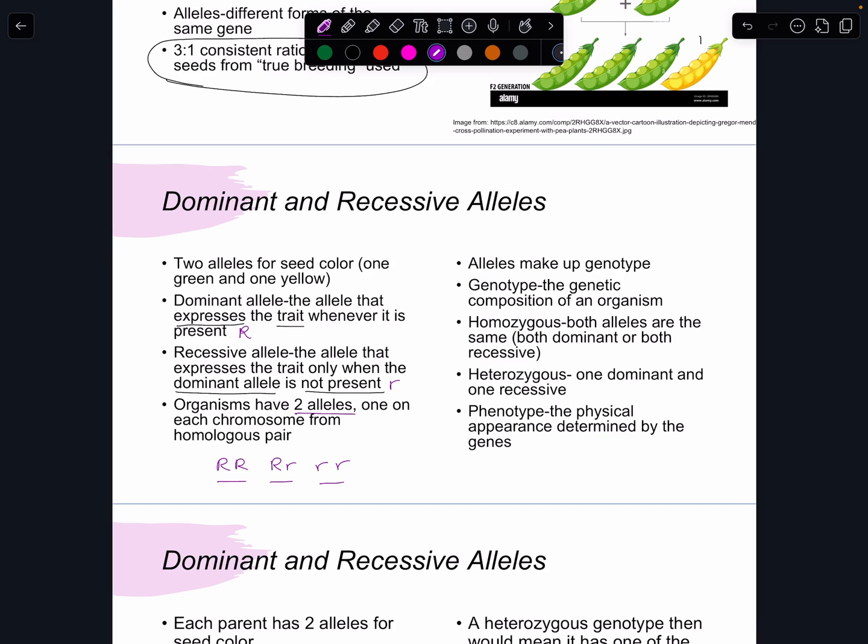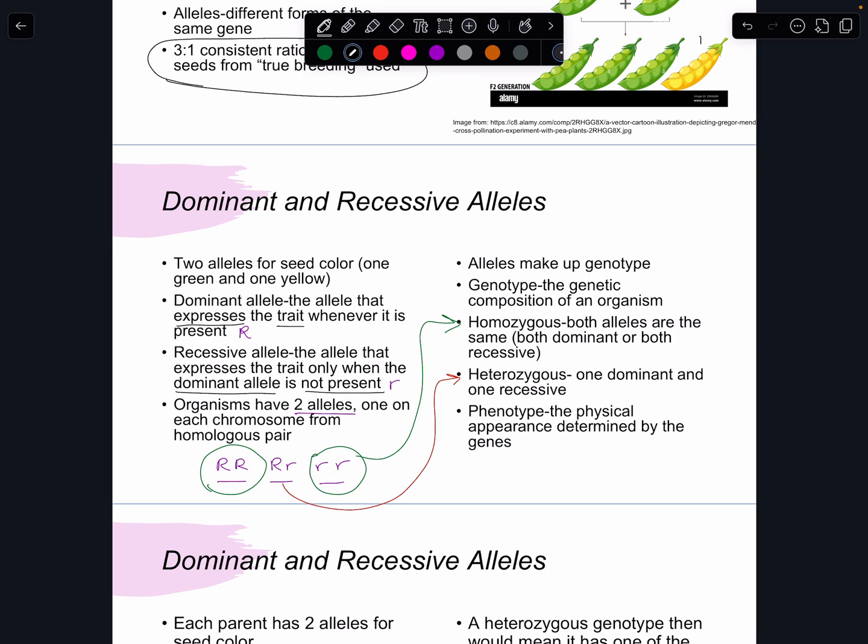So that's the genetic composition. Homozygous means both of the alleles are the same. So the ones that would be homozygous in this case would be capital R, capital R, or lowercase r, lowercase r. And then the heterozygous one would be the capital R, lowercase r. And I'll draw some arrows for you so you guys can see that.